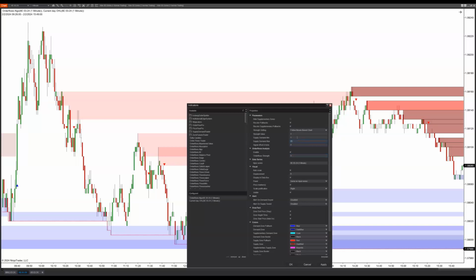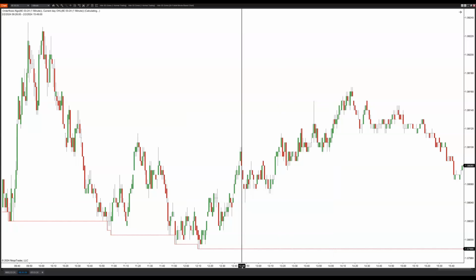I don't know, what market are we looking at here? Euro currency. And so we're looking at a 1 minute time frame, but you want to look at a higher time frame. So I'm on a 1 minute chart, and you want to look at a 60-minute signal on the 1 minute chart.